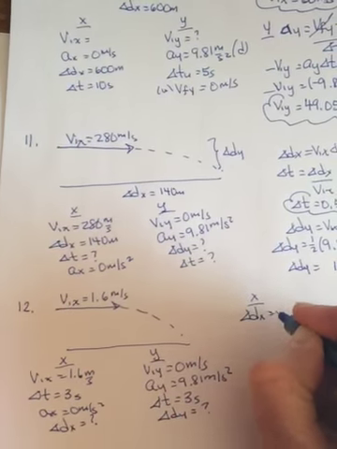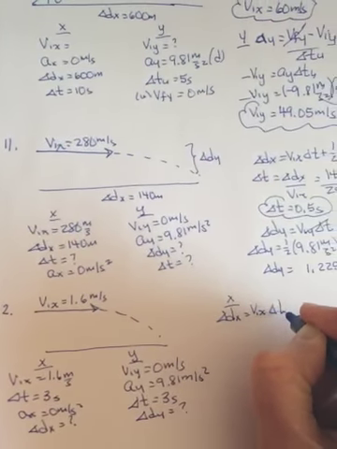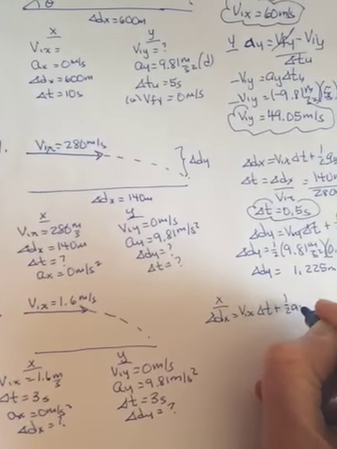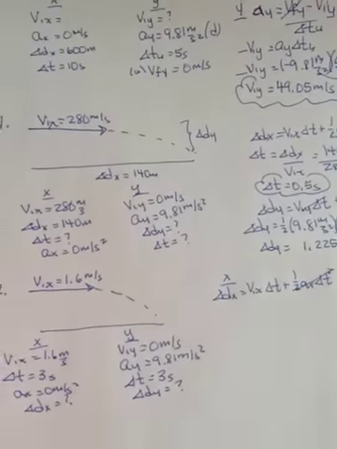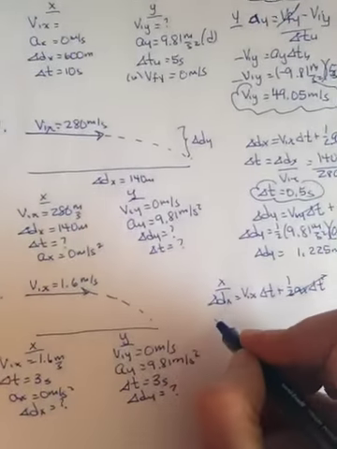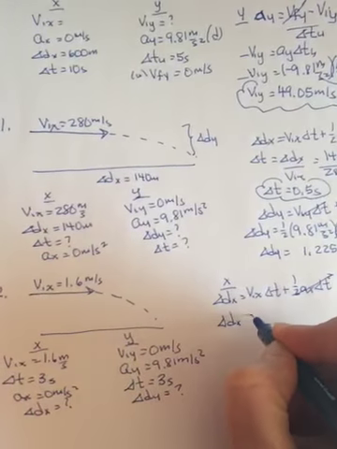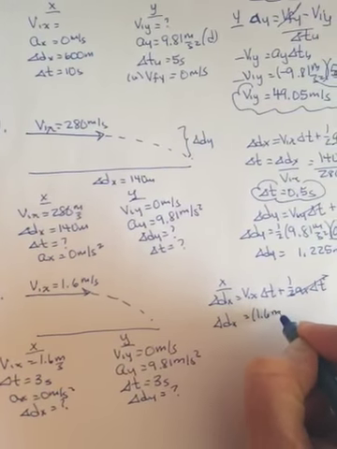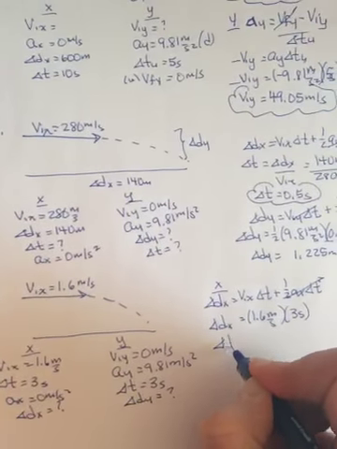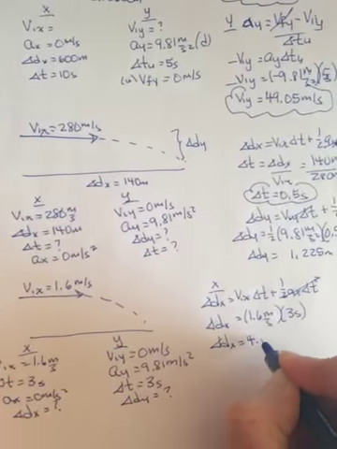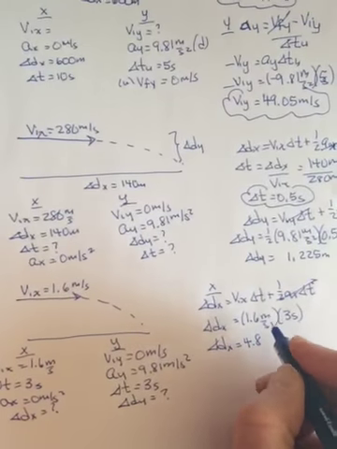Delta dx is equal to vix delta t plus 1/2 ax delta t squared. This term goes to 0, and you don't even have to rearrange. So delta dx is equal to 1.6 meters per second times 3 seconds. Delta dx is equal to 4.8 meters, I believe.